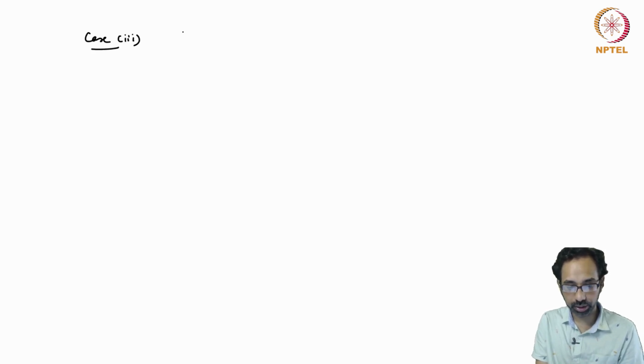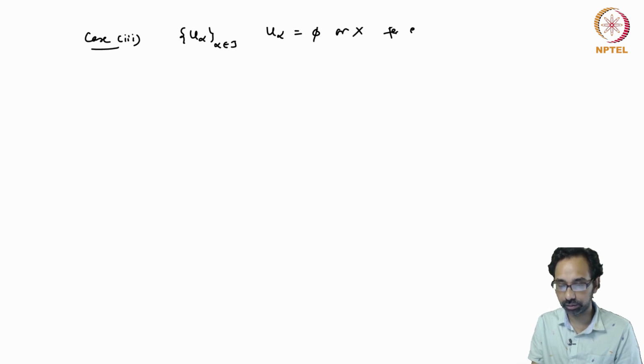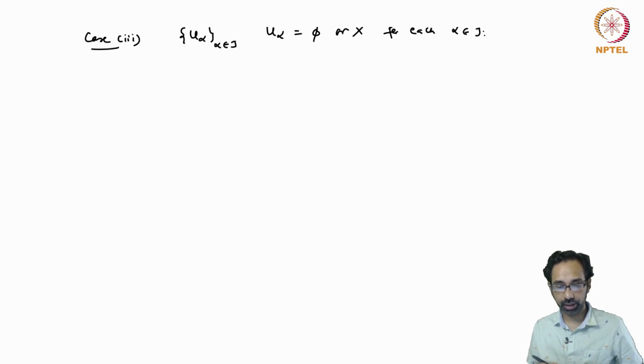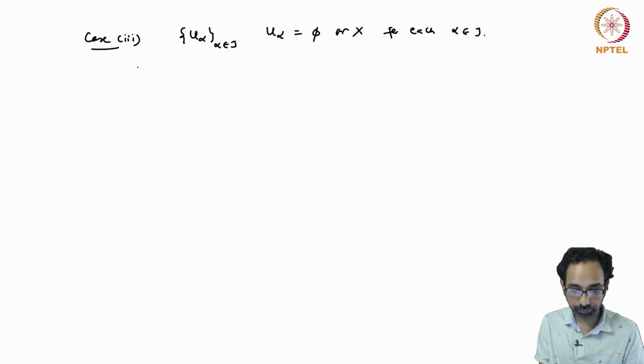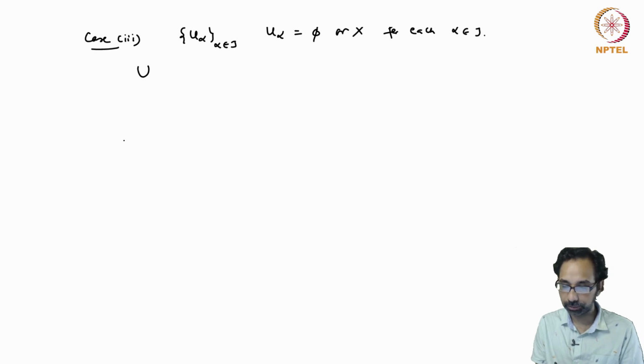Lastly, we have case 3, which is a collection u alpha where u alpha is either phi or X for each alpha. When you take the union of these u alphas, you can break it up.